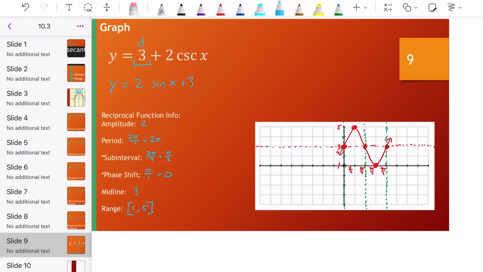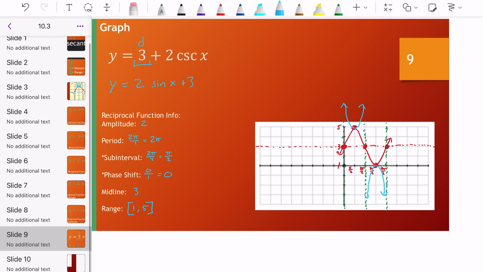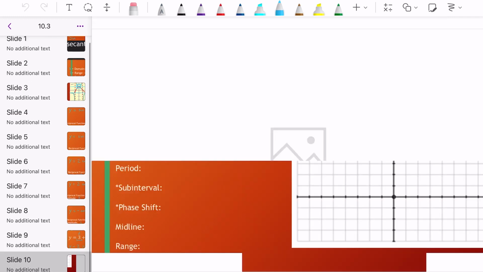Since we have areas that are occurring between the asymptotes both times, we're going to see 2 full parabolas occurring on both sides of the asymptotes. Let's take a look at our last slide, slide 10.